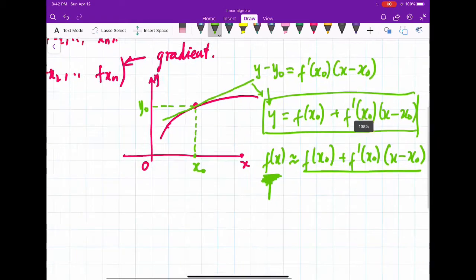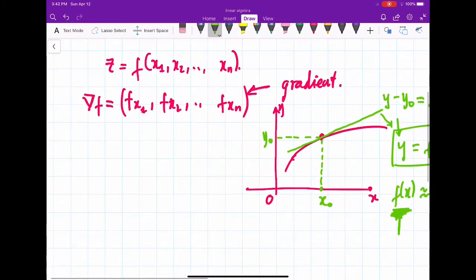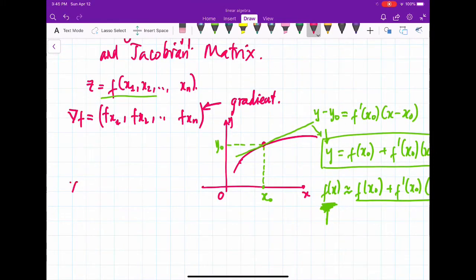Now, if we consider a function of multiple variables, we still can do that. We want to approximate this function f by a linear function. Let's consider some point capital X0, that is just x10, x20, up to xn0. That is a fixed point.